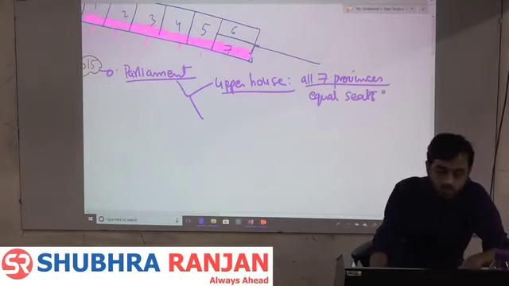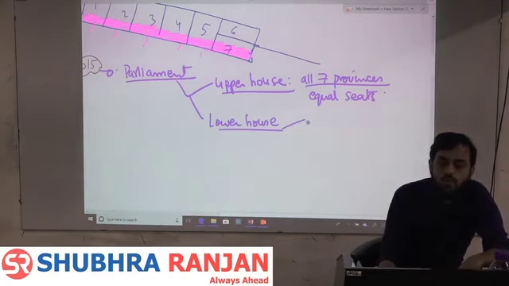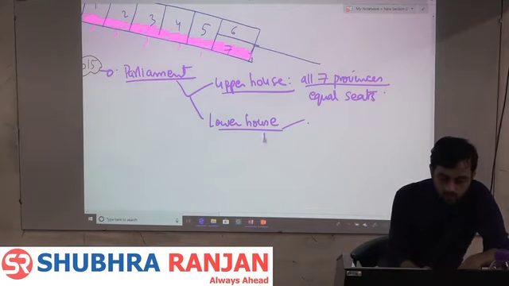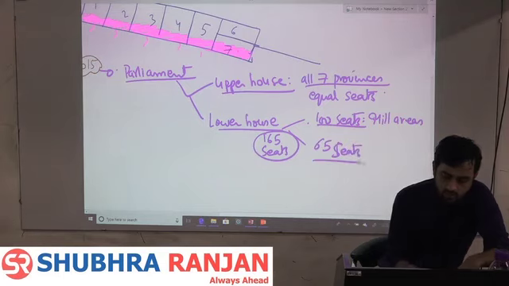All 7 provinces were to get equal seats. Okay. Whereas in the lower house, what is going to be there? That there were a total of 165 seats, but 100 seats of the 165 seats would be in the hill areas and only 65 seats in the plains.